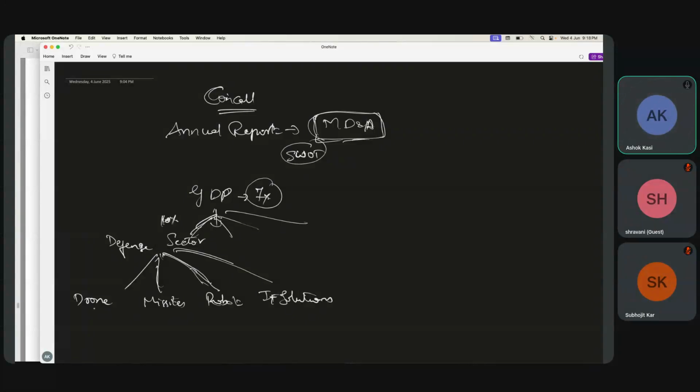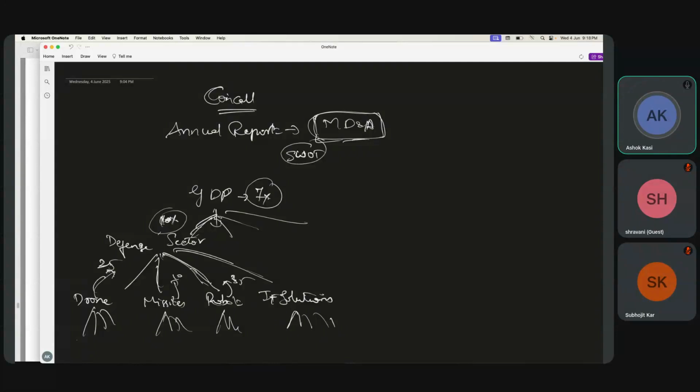Now within that, how many drone companies are there? How many missile-making companies, robotics, IT companies are there? So based on this, defense sector has 10 percent. In this 10 percent, what is the market share of drone companies? Drone companies might have a market share of maybe 25. They may contribute 10, they may contribute 35, like this. They all are contributing in this one.